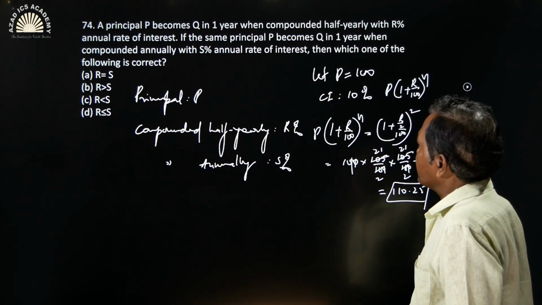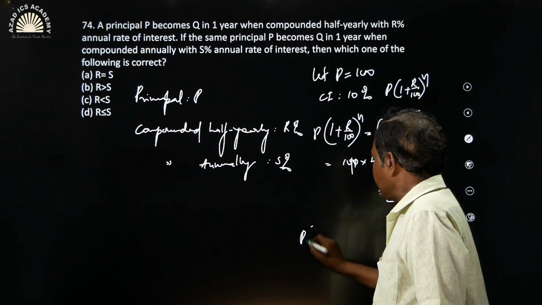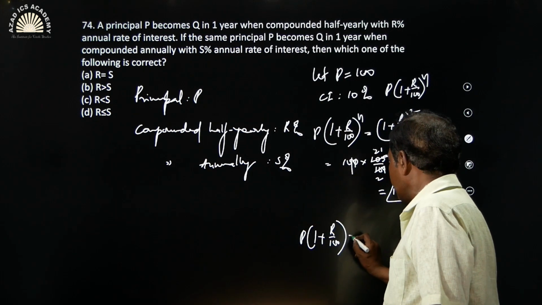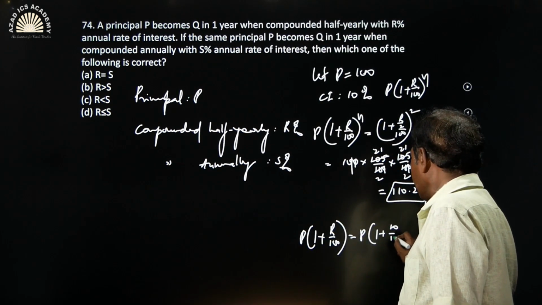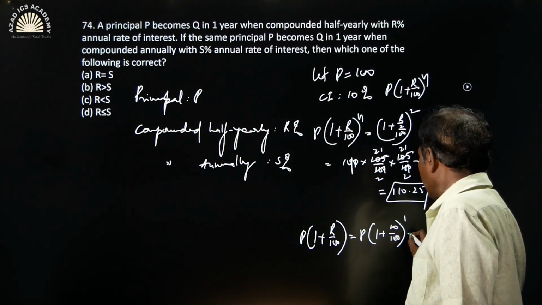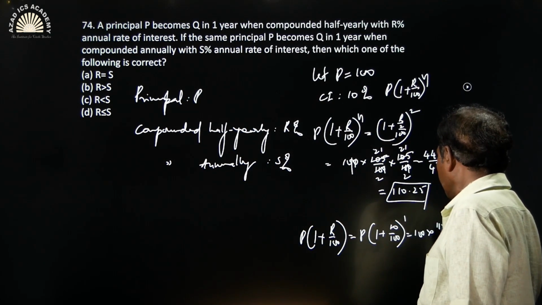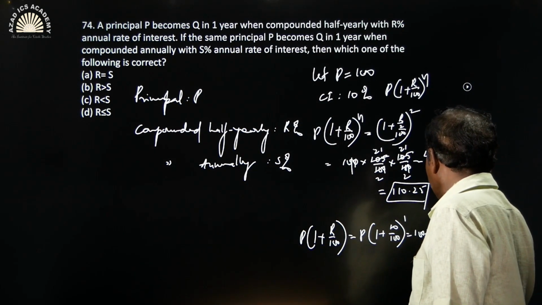This is the first case. And second, the annual interest: P into 1 plus R by 100, in the sense P into 1 plus 10% for 1 year. So 100 into 110 by 100 gets cancelled, and you will get 110 rupees.